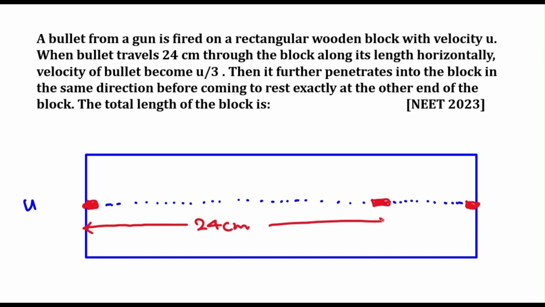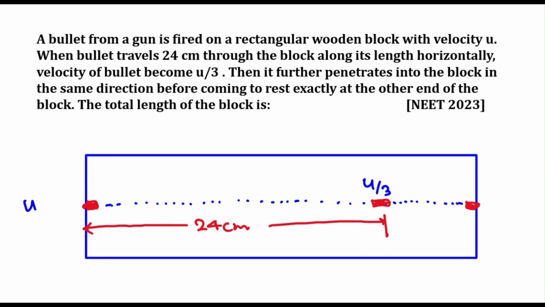I'm drawing extended bodies here, an extended bullet, but you have to consider it as a point mass. Its velocity becomes u by 3 here. Okay, all good up to here.